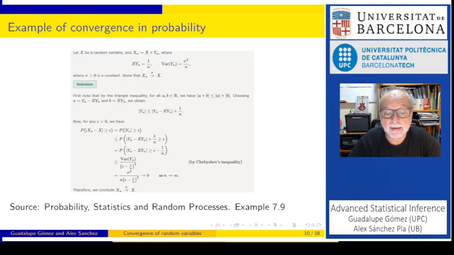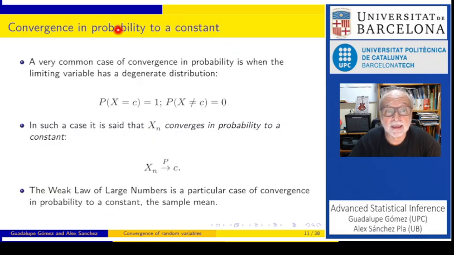In any case, one of the most common cases of convergence in probability is when the limit variable has a degenerate distribution, so it's a random variable which takes a unique value with probability 1. In those cases, we talk of convergence in probability to a constant.